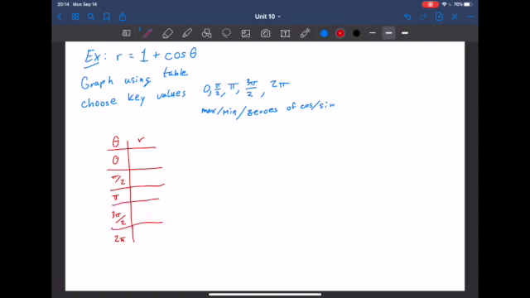When I plug in 0, I get 2. 1 plus 1. Back down to 1, because cosine of pi over 2 is 0. Down to 0 at pi, because cosine of pi is negative 1. Back up to 1, and then back up to 2, the former maximum greatness.